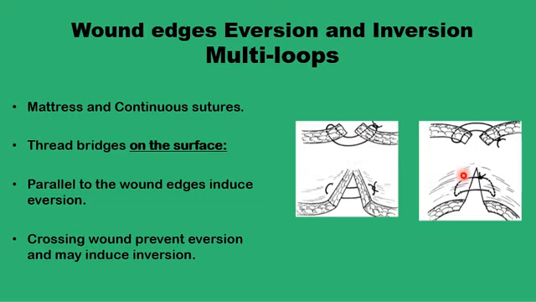If the threads on the surface, like if we are closing, for example, a hollow viscus, are crossing the wound edges rather than parallel to the wound edges, then this is going to cause inversion of the wound. You will see examples of this throughout the presentation.